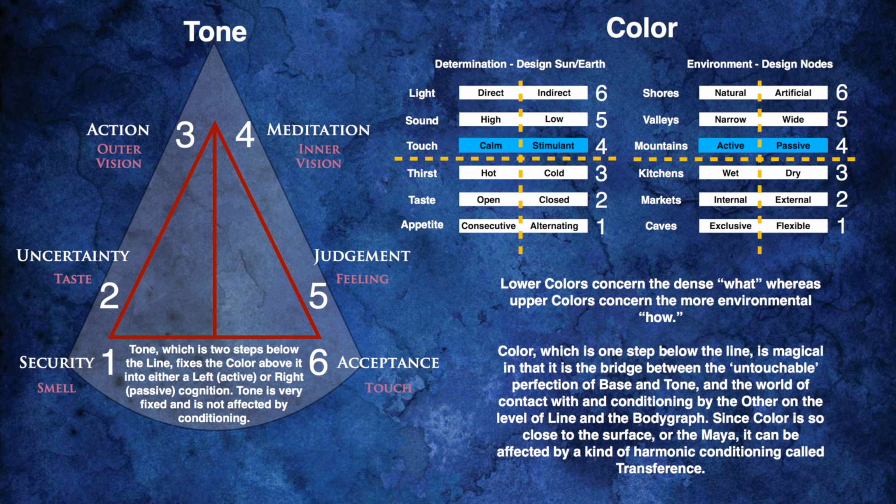Because not only is it a right fixing tone, it's an upper color as well. So you could say that it's very stimulating. And this is the foundation with the fourth color. It's very energetic. It has a lot to do with the nervous system, being excited by new things, new kinds of information. There's so much coming through with a fourth color.